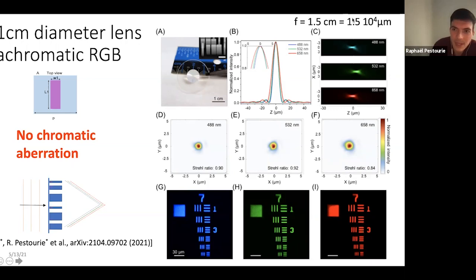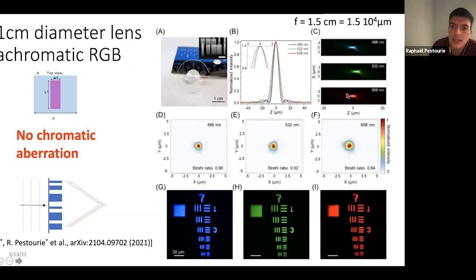And we want to characterize the focal spot. If you see here, the Strehl ratios are all above 0.8, which technically means that it's diffraction limited. It was used for some imaging, and you don't see much blurriness, so it's doing very well.